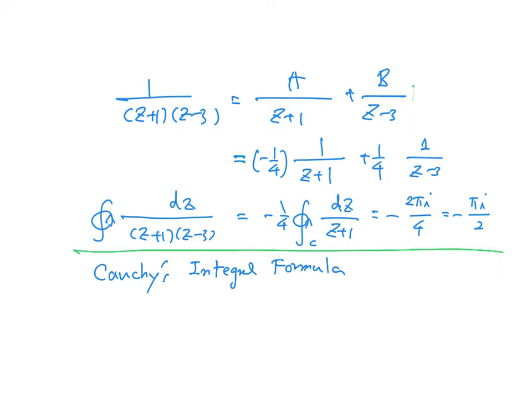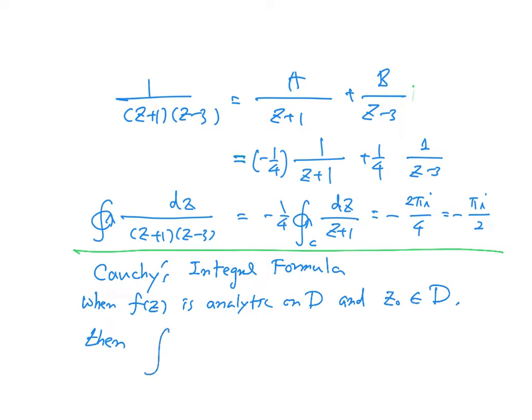That is, when f(z) is analytic on D, and z naught is included in D, then we have the following integral: the integral of f(z) over (z minus z naught) dz is 2 pi i f(z naught).